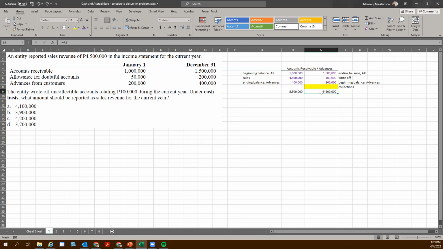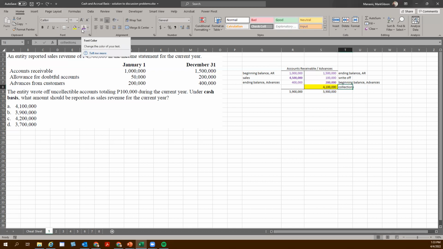Ang ginagawa natin dito is we're squeezing the number. So what I'm going to do is just get this less the total here. That's 4.1 million. This now represents the collection. And remember, yung collection natin dyan, under the cash basis, this is your sales revenue.